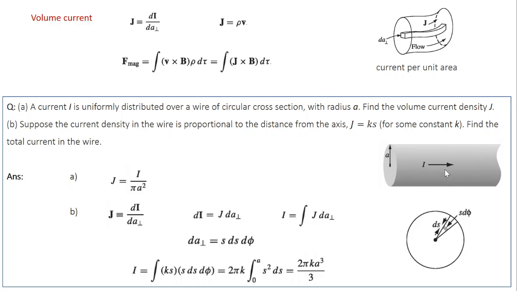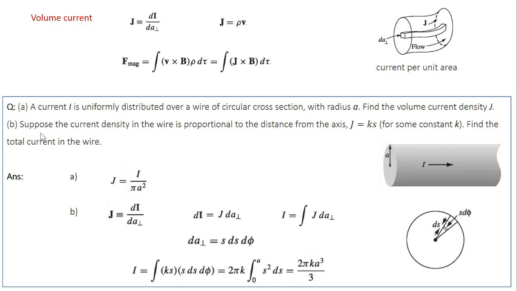And what's the volume current density? Volume current density is current divided by the perpendicular area, which is nothing but the cross-sectional area. Current flowing through is the uniform current I, and the cross-sectional area for radius a is pi a squared. So volume current density J equals I divided by pi a squared.